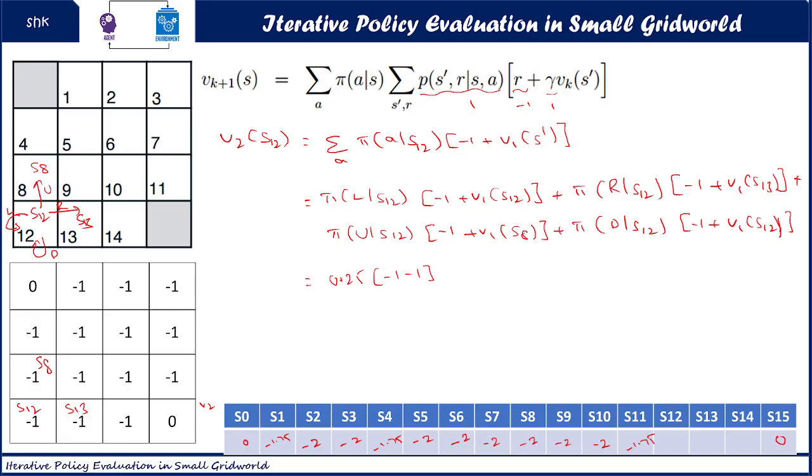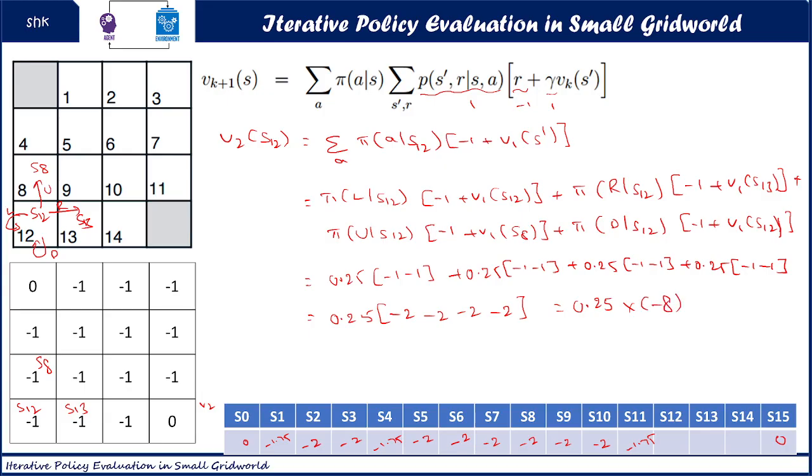So straight away I am substituting 0.25 into minus 1 plus 0.25 into minus 1 plus 0.25 into minus 1 plus 0.25 into minus 1, which is equivalent to, taking 0.25 as common, 0.25 into minus 2 minus 2 minus 2 minus 2, which is minus 8, which gives minus 2. Now we will update S12 as minus 2.